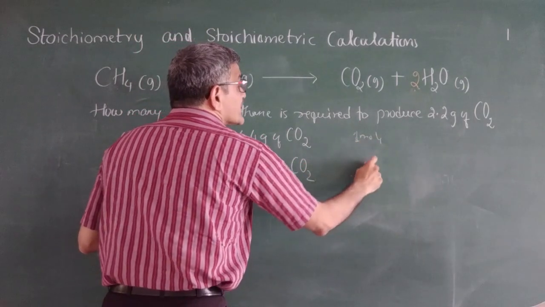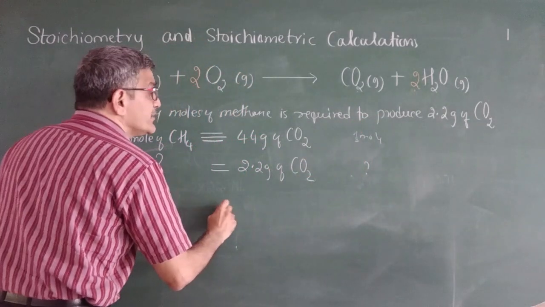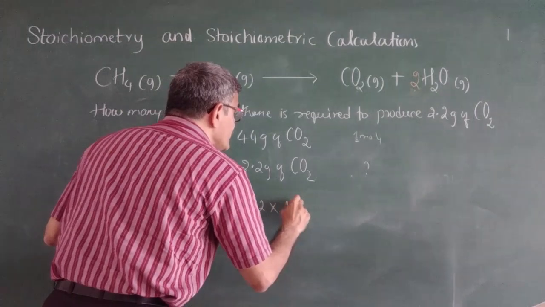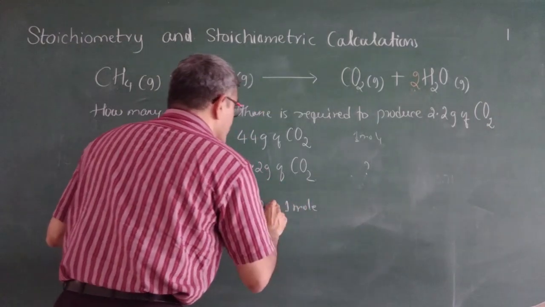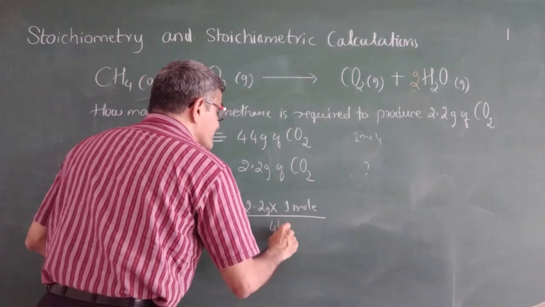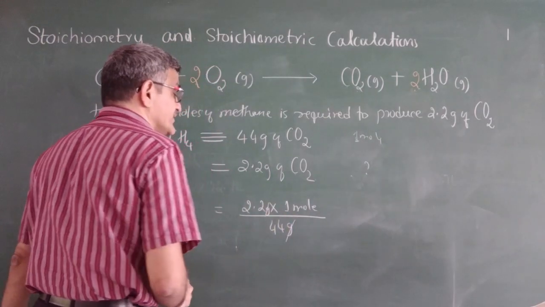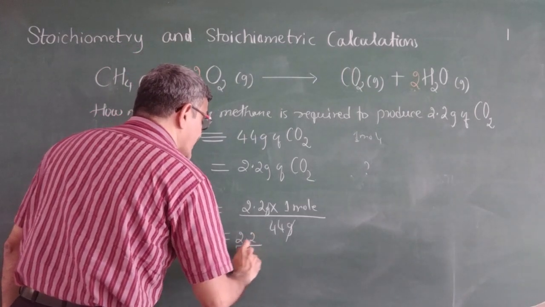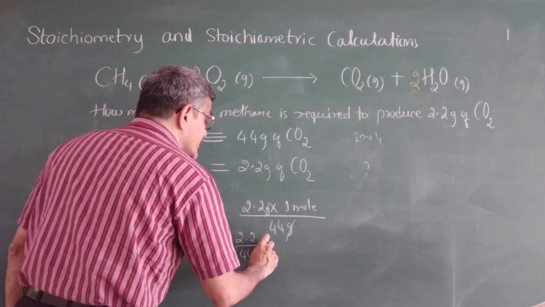Therefore 2.2 gram corresponds to how much? 2.2 gram into 1 mole divided by 44 gram. Gram cancels. 2.2 divided by 44. That many moles.